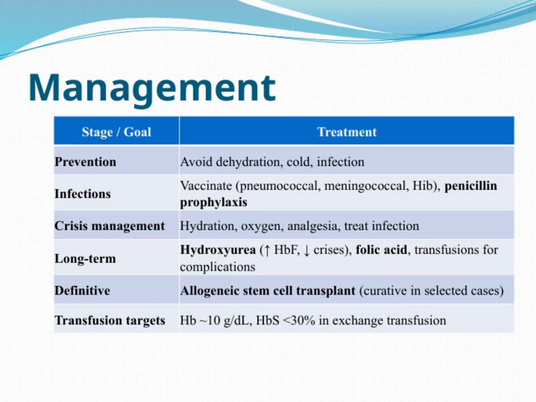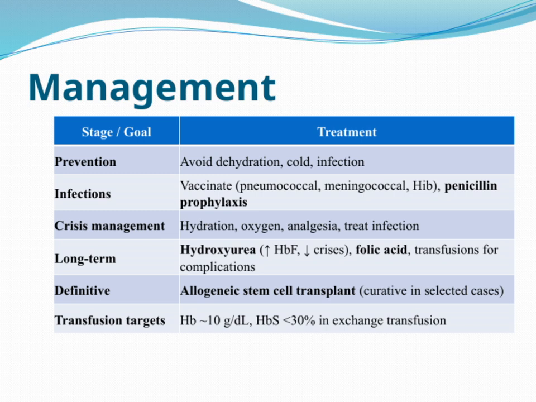Folic acid supplementation supports red blood cell production, and transfusions may be necessary to manage complications. When considering definitive treatment options, allogeneic stem cell transplantation stands out as a potential cure, but it's typically reserved for carefully selected cases due to its complexity and risks.